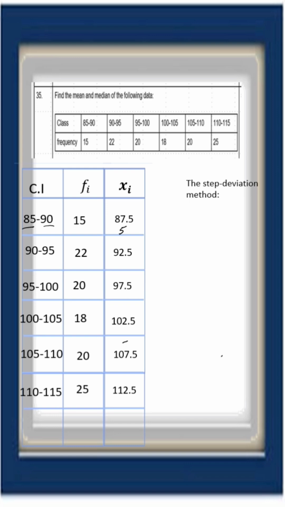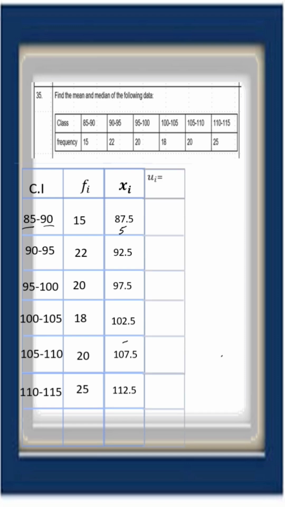In the step deviation method, we have to form a new column for ui. What is ui? Xi minus A by h. A is the assumed mean. Let us assume 102.5 as the mean.